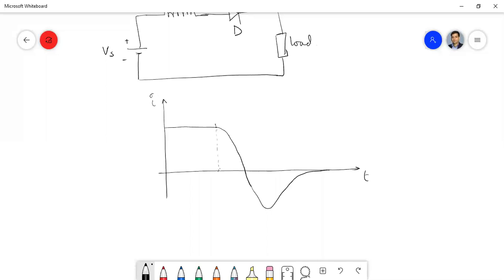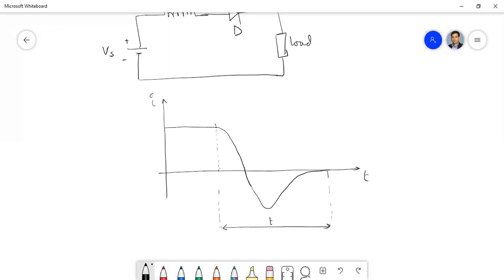Okay, so as I told you, this total time starting from this instant to get completely switched off is termed as T off.